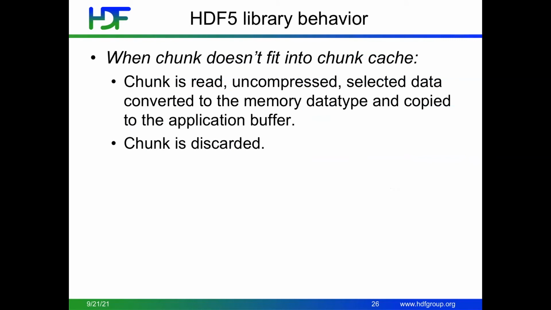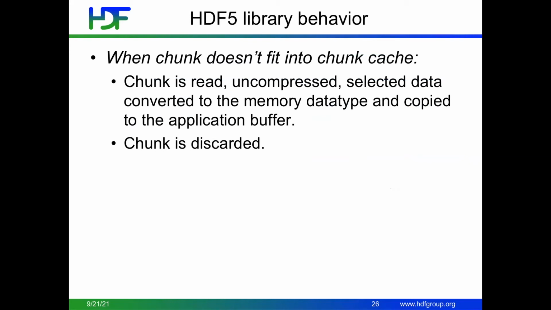or not. So the first thing that you think when you see bad performance, look at your chunk size and think about your access pattern. Will this IO request fit into the chunk cache?